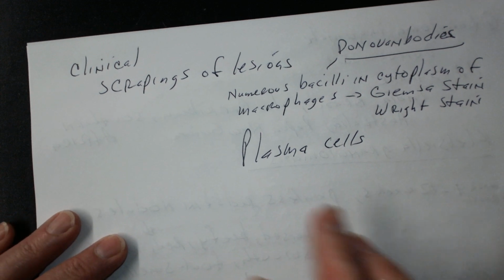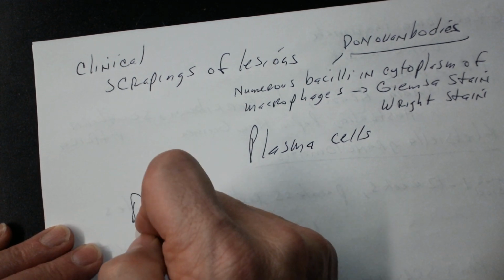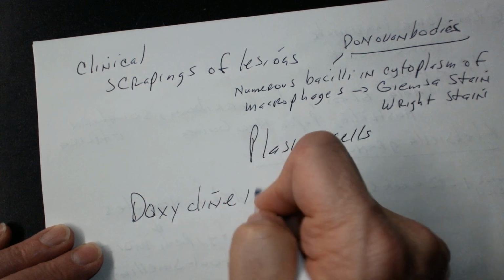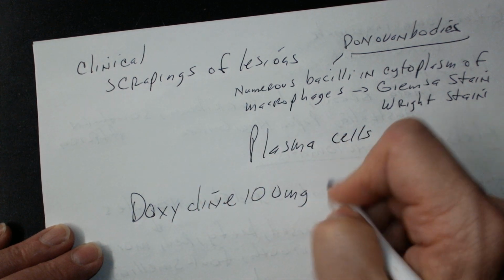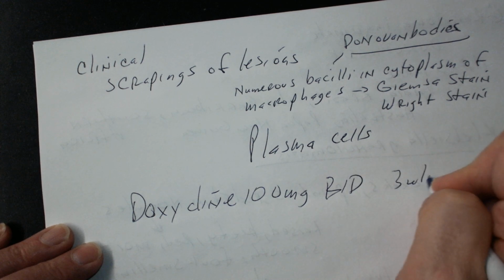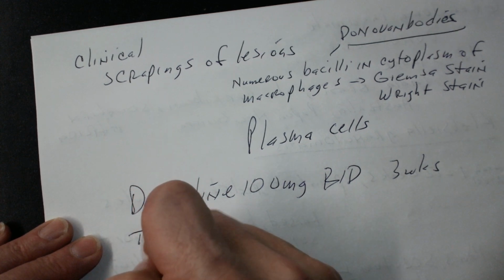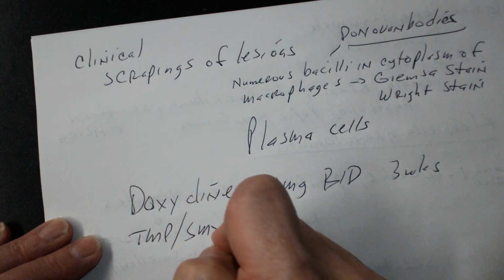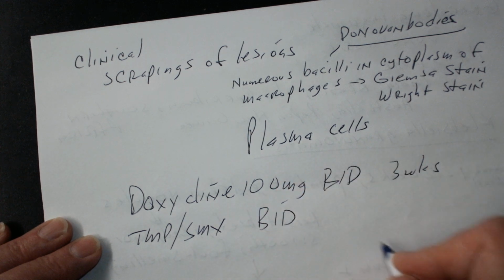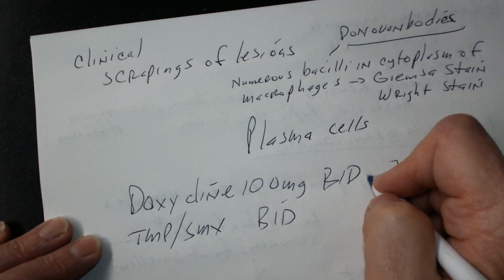So fortunately, the organism is very treatable. So you can treat them with doxycycline. You're going to treat for 3 weeks. You can also treat with trimethoprim sulfamethoxazole twice a day, also for 3 weeks.